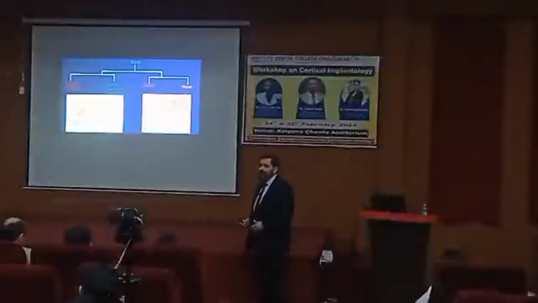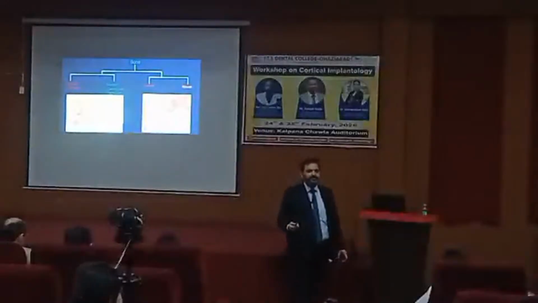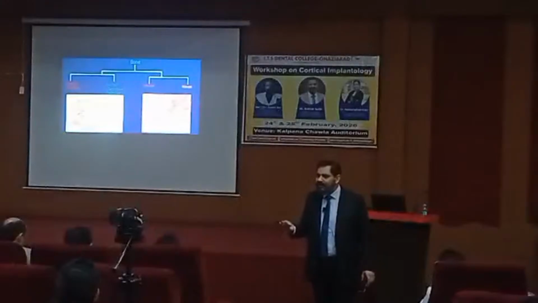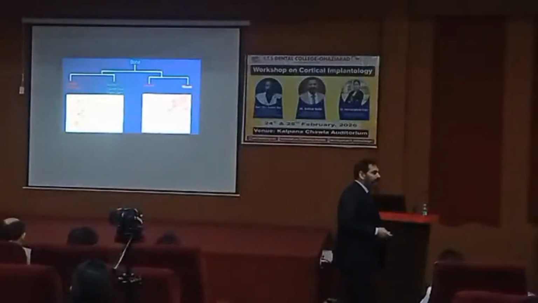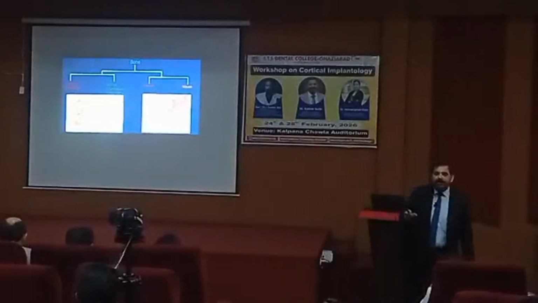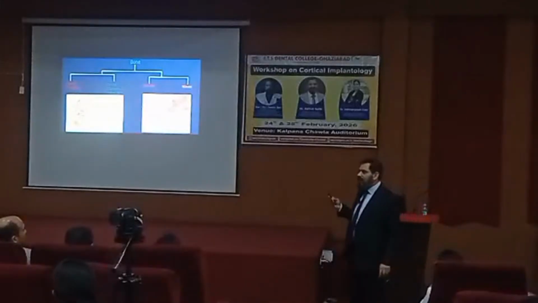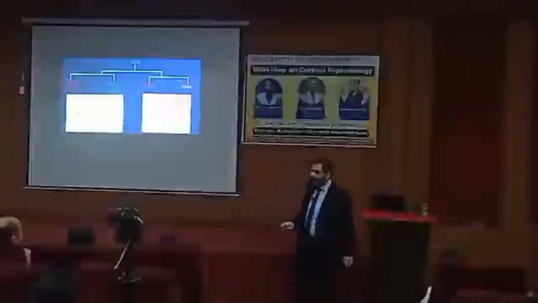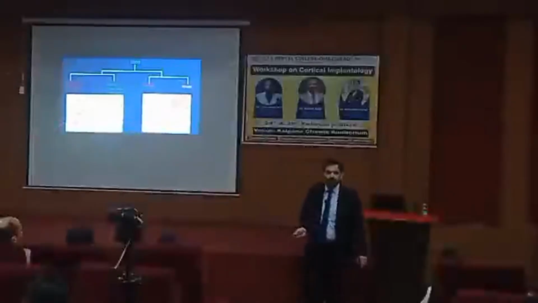Simple reason, I'll tell you one. At what torque do you load a conventional implant? 35, 40 max. When we place the cortical implant, we use a torque of 80, 90, 100, infinity. So do you really think we can place an implant over here with infinity torque?